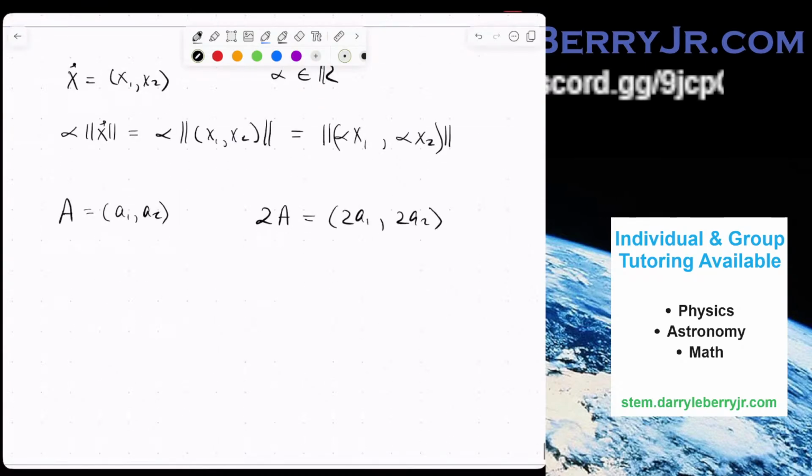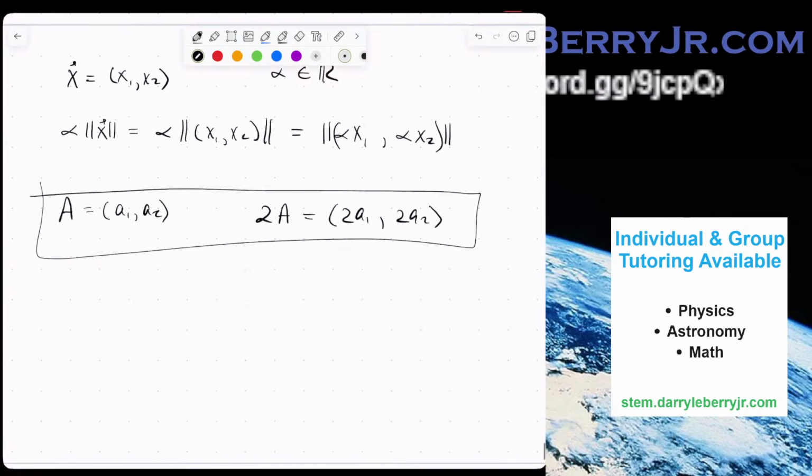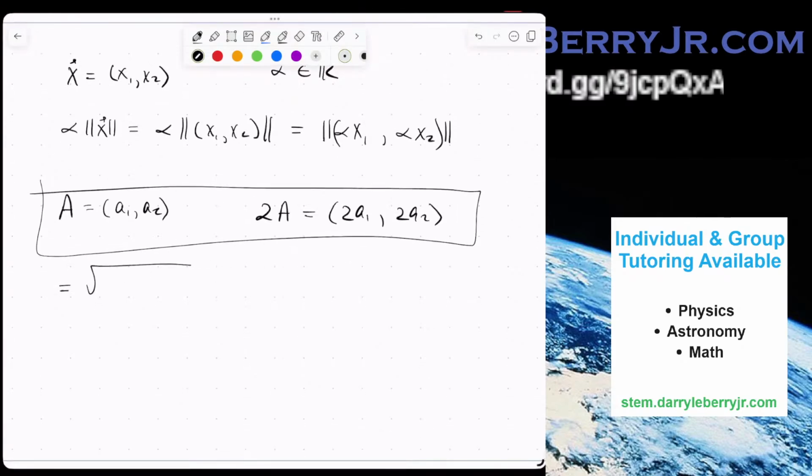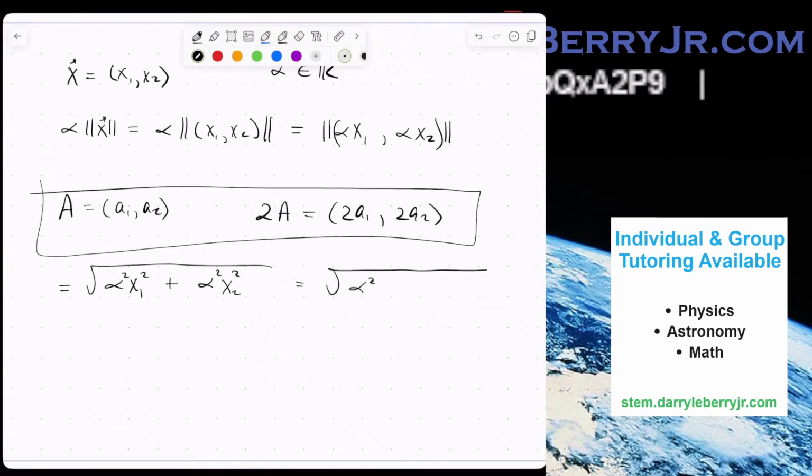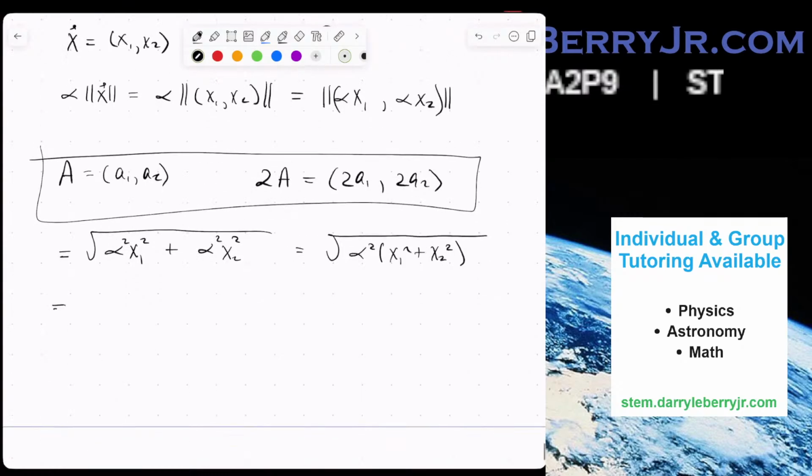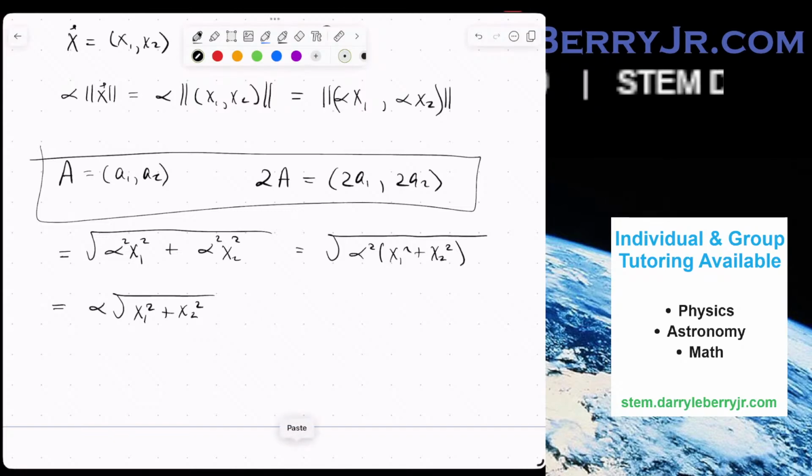So you can do the same thing with the magnitude, which means that now we have the square root of alpha x1 squared plus alpha x2 squared. So that's going to be the square root of alpha squared x1 squared plus x2 squared. And now we can factor out the alpha squared, and then it becomes alpha x1 squared plus x2 squared. And we know that that is the magnitude of x.